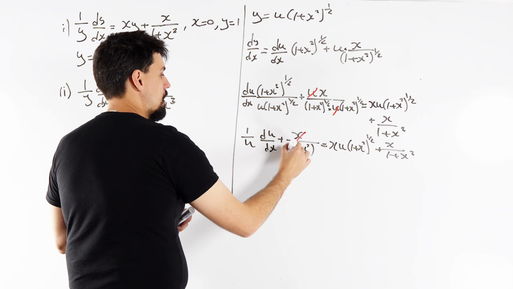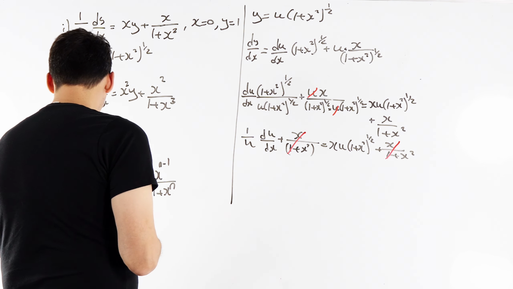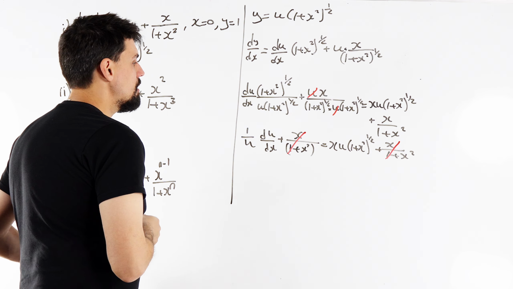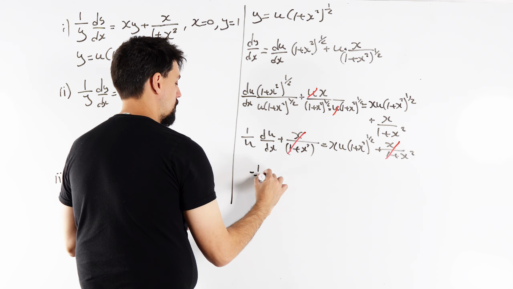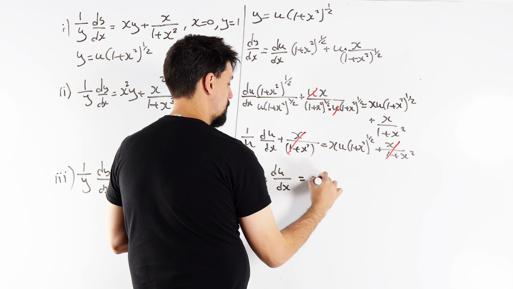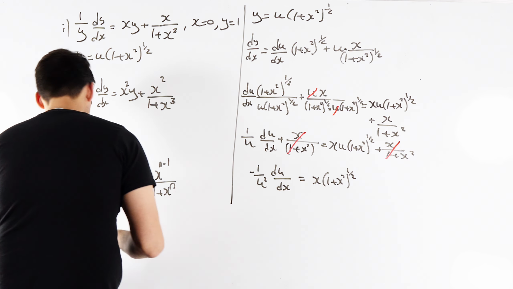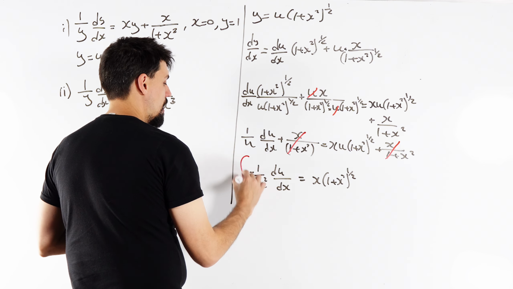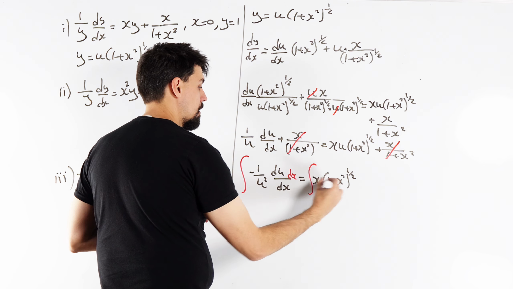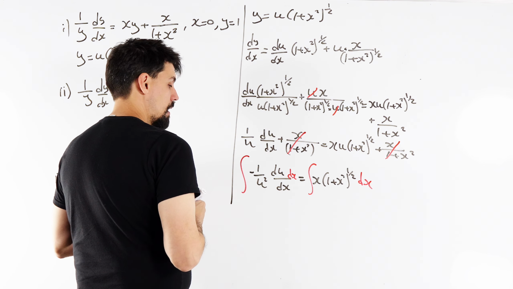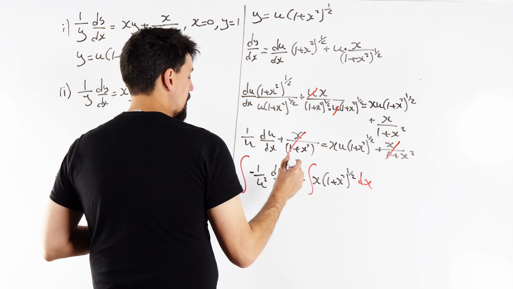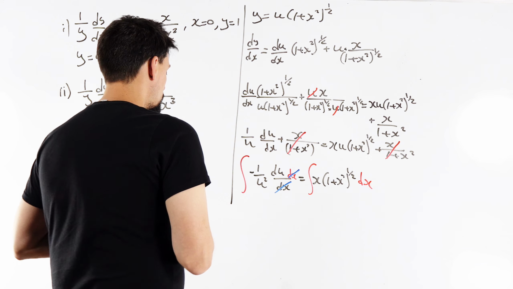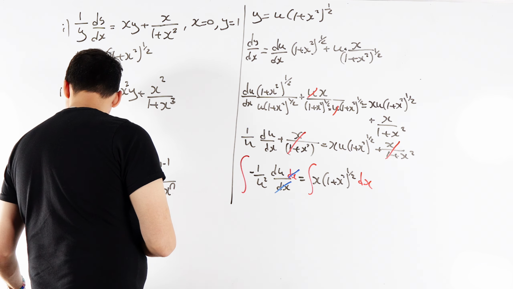Oh, kablamo. Now we are left with a glorious separable differential equation, because now I can integrate both sides with respect to x. And by being extraordinarily loose with our chain rule, this is where we end up.